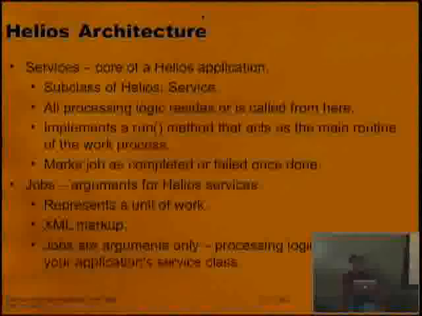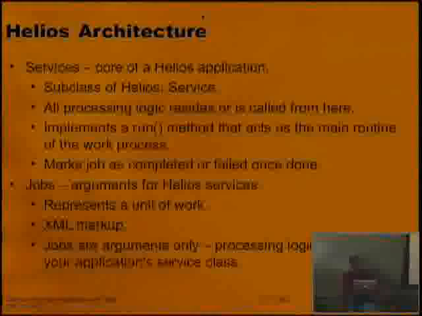Now, jobs are just arguments in Helios. A job is just a representation of work. That's a task, a single task, a single unit of work. These are specified via XML, although it cheats a lot, it's more XML-like. It's not like we're validating against a DTD or anything.